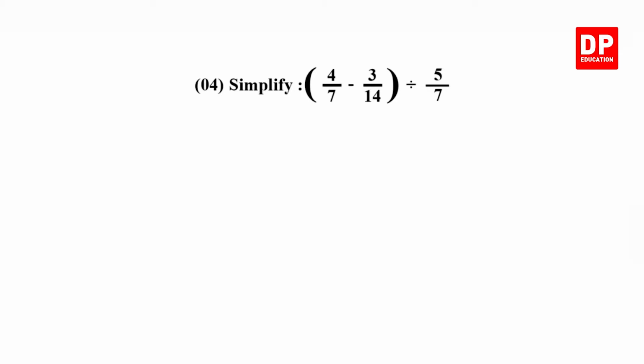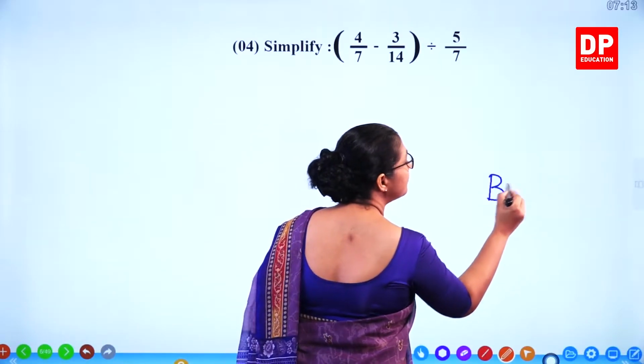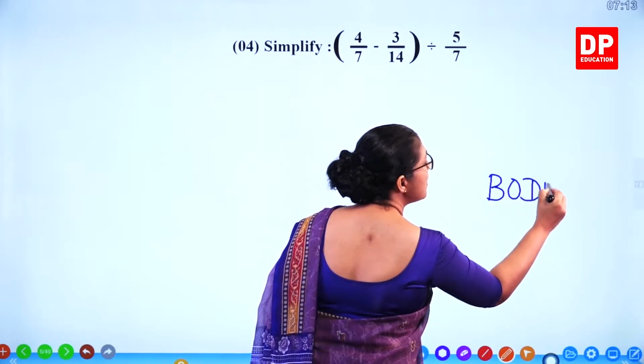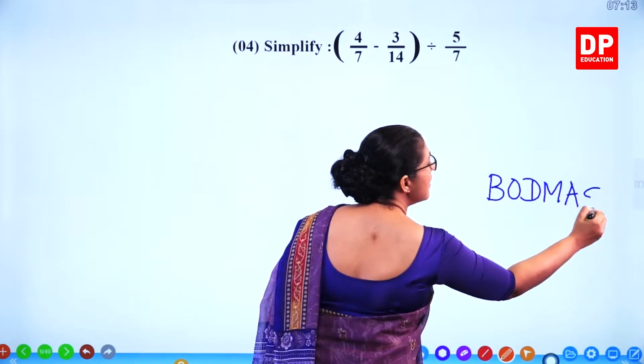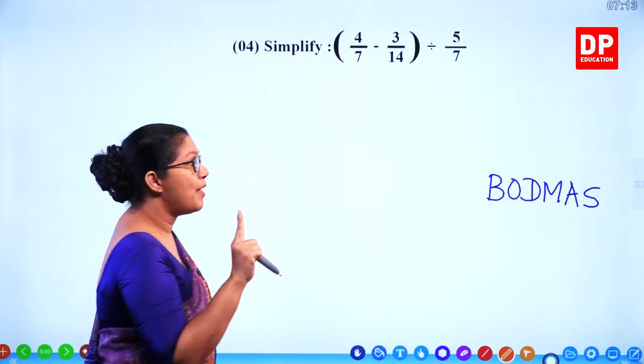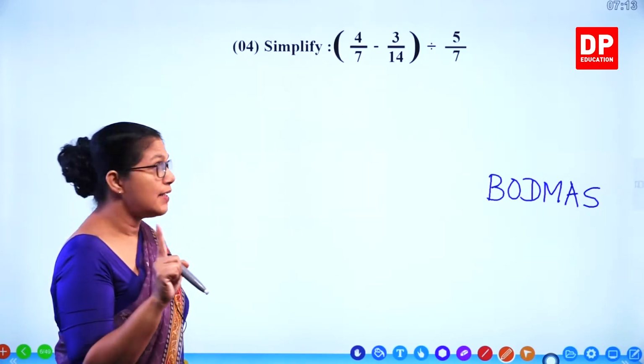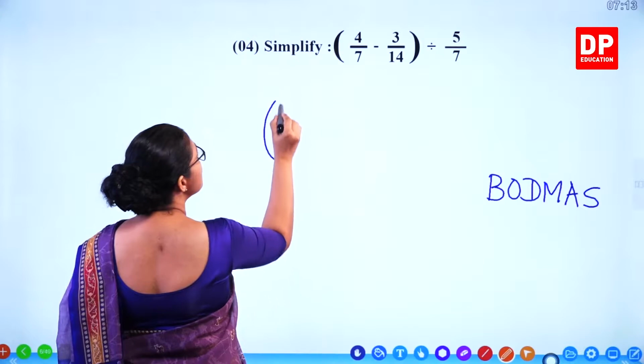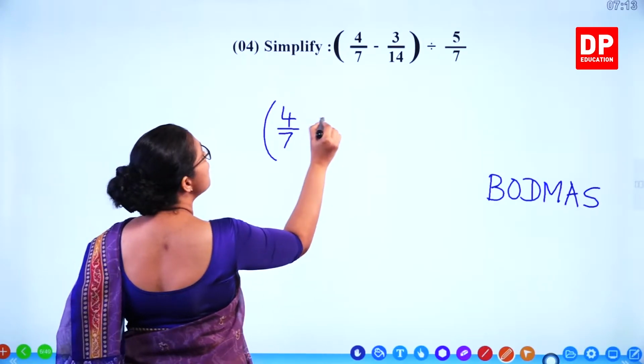Simplify. So what you do? According to BODMAS, brackets first and then you can think about division. So we'll do first brackets. So what's the first step?